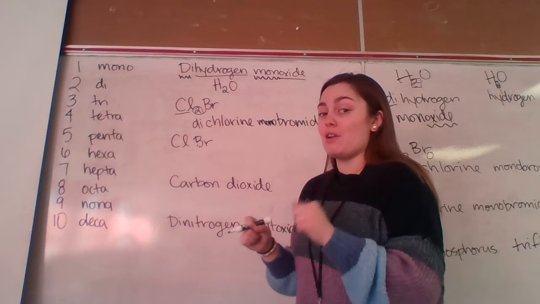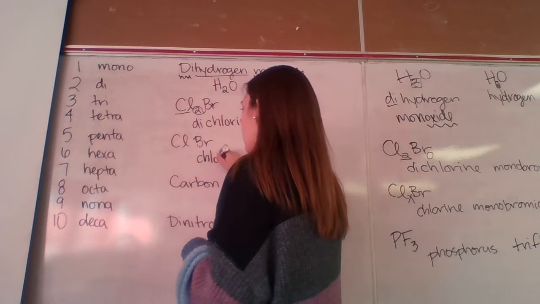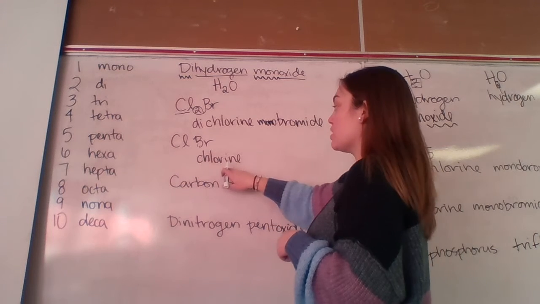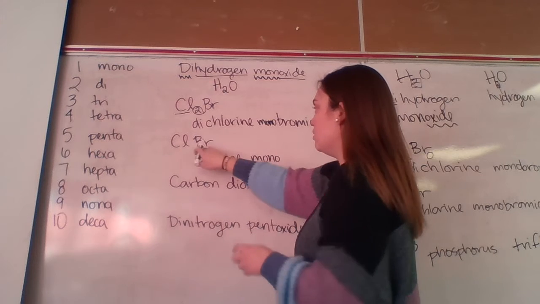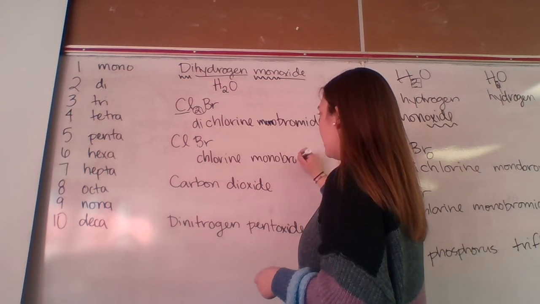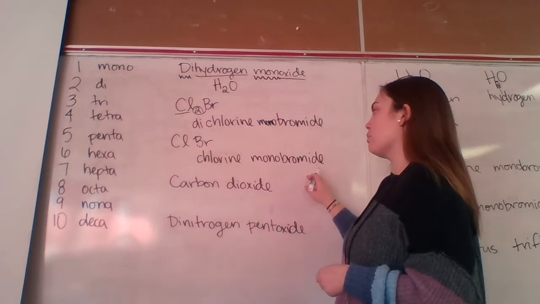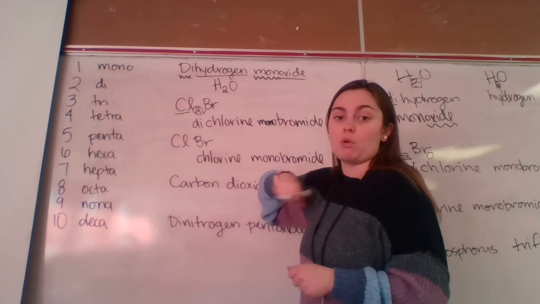So the first nonmetal, if it's just one, doesn't get a prefix. We just write chlorine and leave it at that. Then we continue the same way: mono for the one bromine, monobromide. So this is chlorine monobromide, different from dichlorine monobromide because the number of chlorines is different.